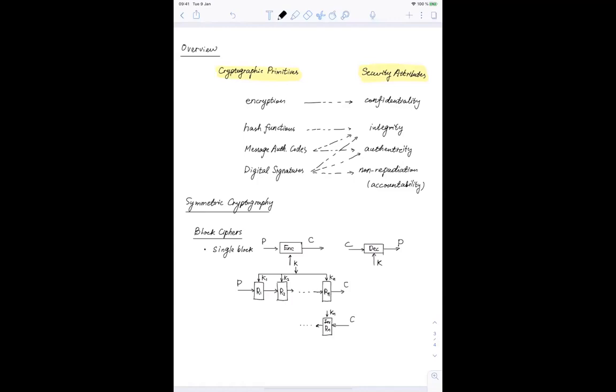And to make it clear, we use the same notation here. We have the second round, and we have the first round.